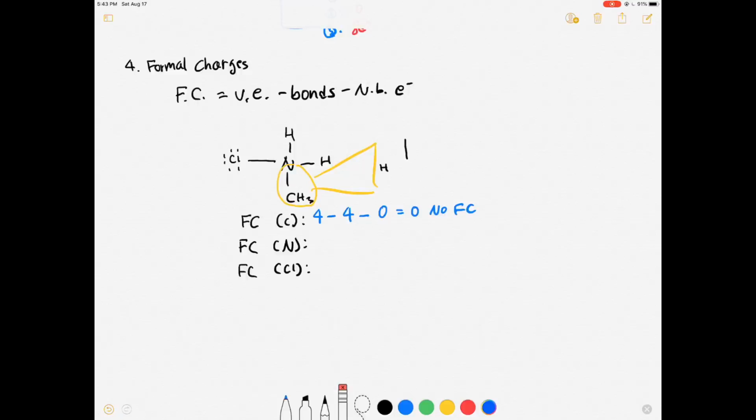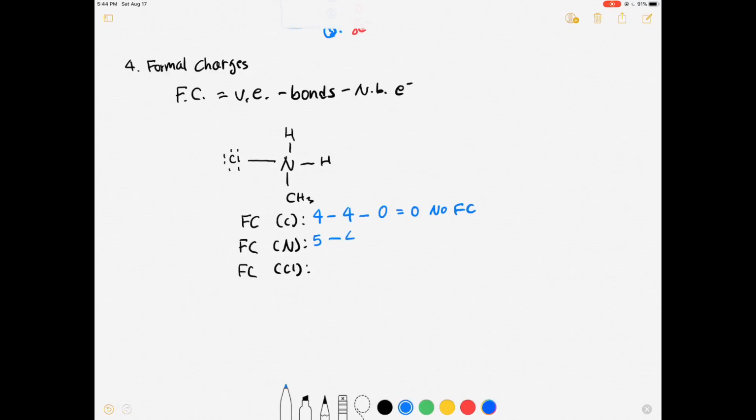Okay, let's get rid of this drawing. Let's see, for nitrogen, how many valence electrons does nitrogen have? So once again, look at the periodic table. Nitrogen has 5 valence electrons. So write down 5. Cool. Then minus, how many bonds is it forming? So 1, 2, 3, 4, right?